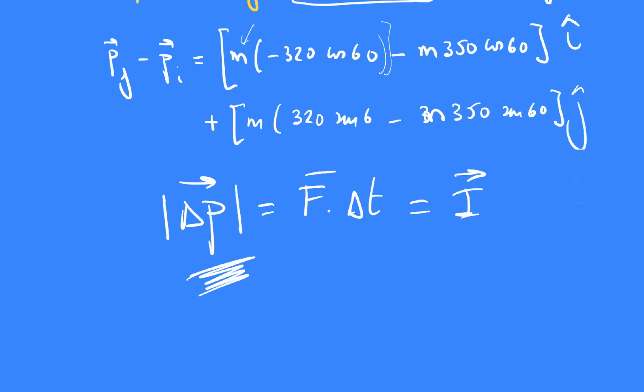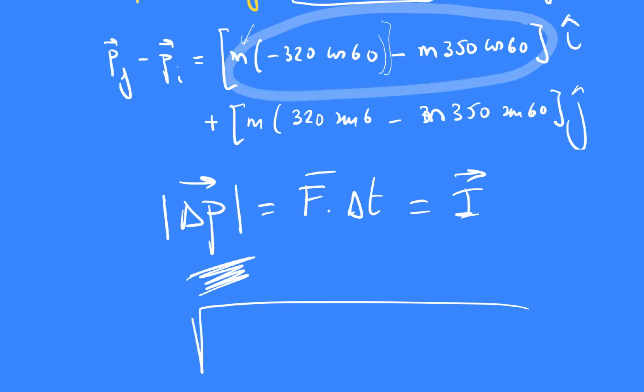So what is the magnitude? The magnitude is the square root of this square plus this square. If you do it, you should find one of the answers here.